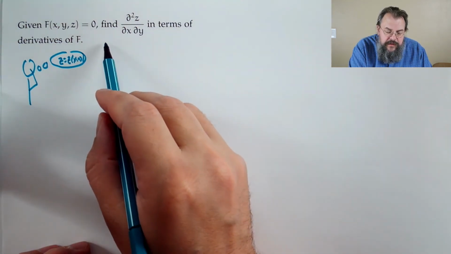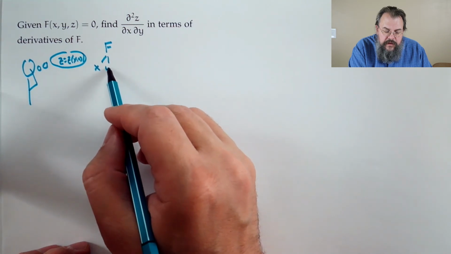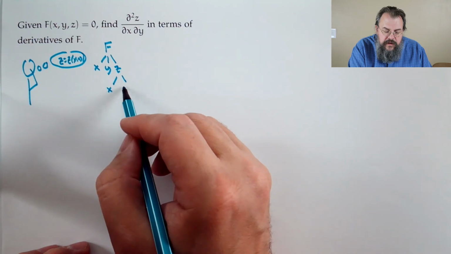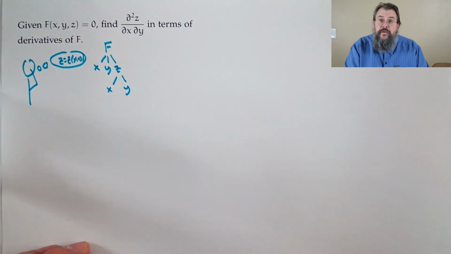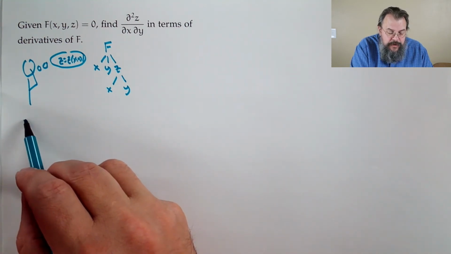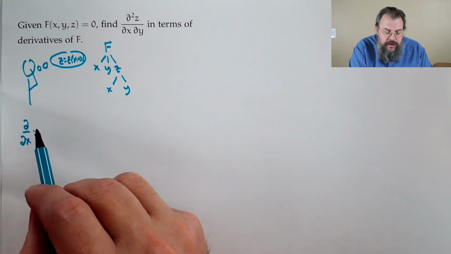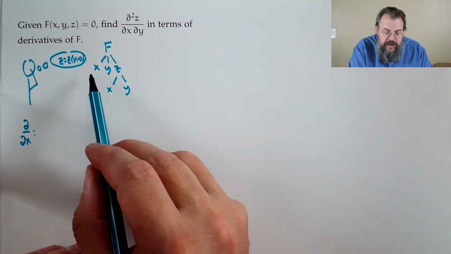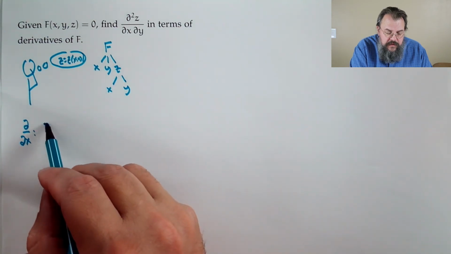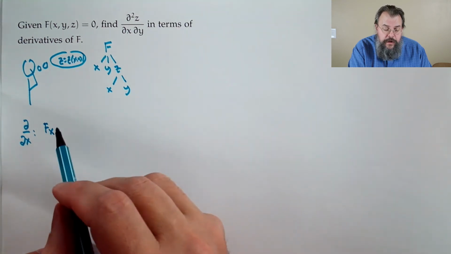So if you think about how the variables connect, well, we say, okay, f depends on x, y, and z, which depends on x and y. So here we go. When we take the derivative with respect to x, what will happen? Well, x shows up in two places. So we're going to have f sub x, and that's that route.